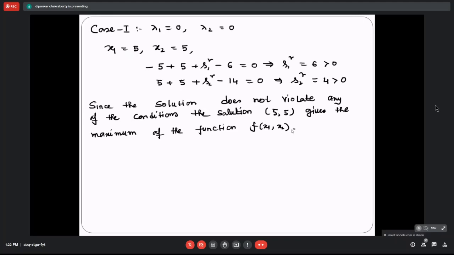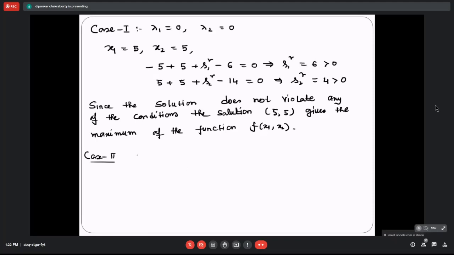No. That is the problem I tried to mention there: if the objective function is not concave or the constraints are not convex, then in that case you have to consider all the four cases. Case 1, case 2, case 3, case 4, because you may find some other feasible solution also in those cases.